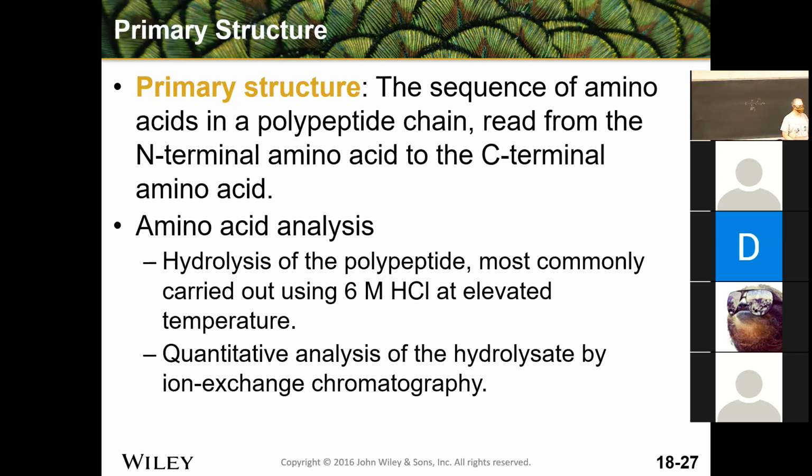This sequence of amino acids in a polypeptide chain, read from the N-terminal amino acid to the C-terminal amino acid, is called the primary structure. So the primary structure is the number, kind, and sequence of amino acids in the chain.